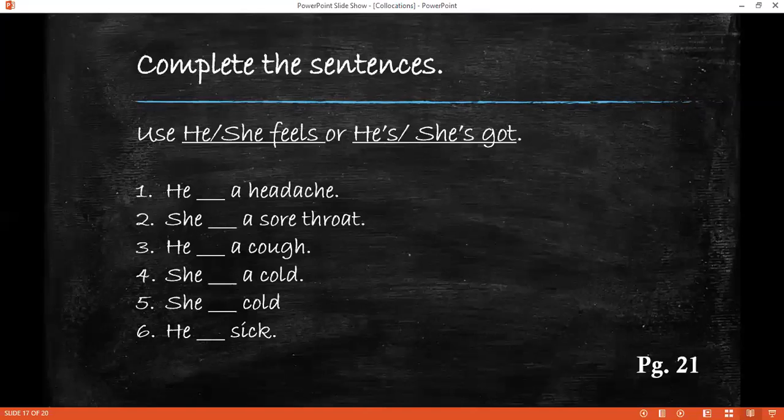Now you have to use the correct phrase to complete the sentence. This is also in your book at page number 21. Complete the sentences. Use he, she, feels, or he's got, she's got. I'll give you a minute to complete it.